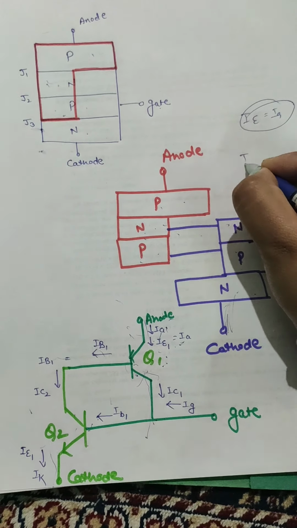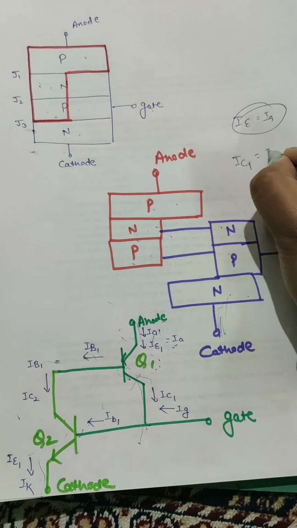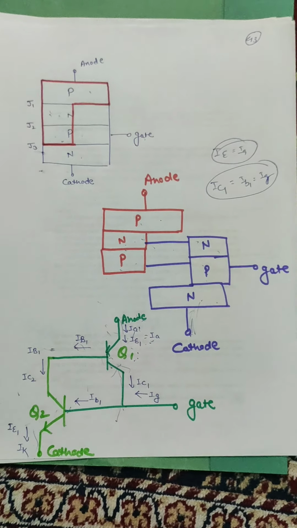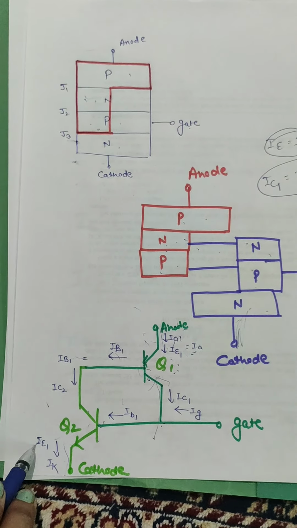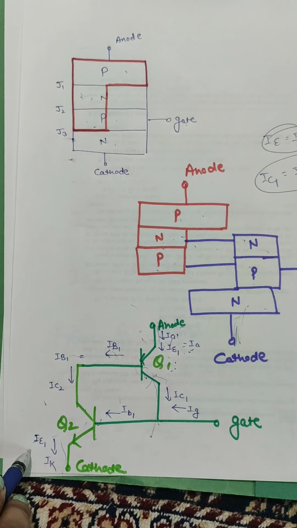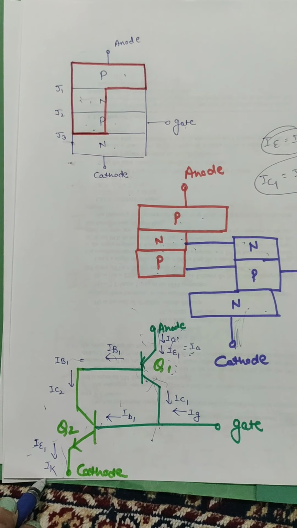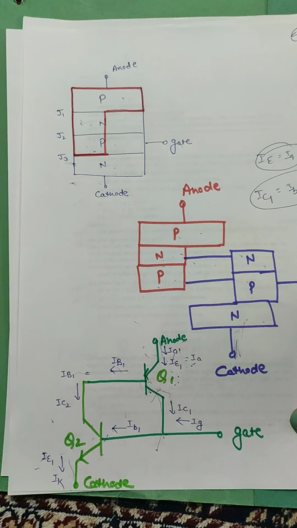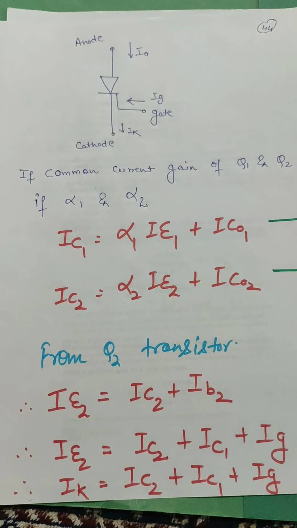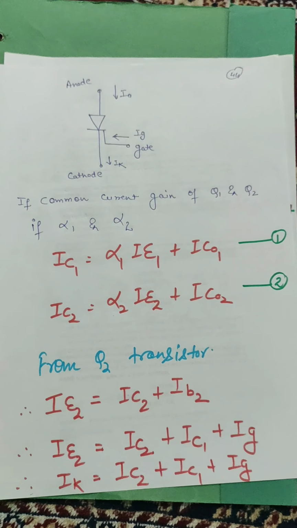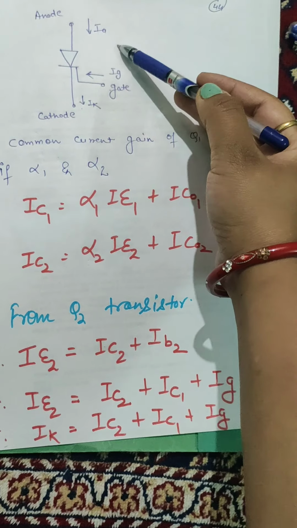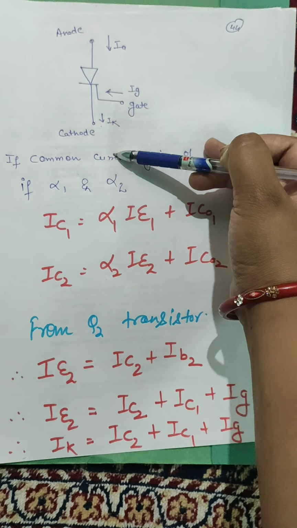So IC1, IB1 and IG, the gate current, and the emitter current of the second is equal to the cathode current. Here we can explain all the equations: anode current, gate current and cathode current.